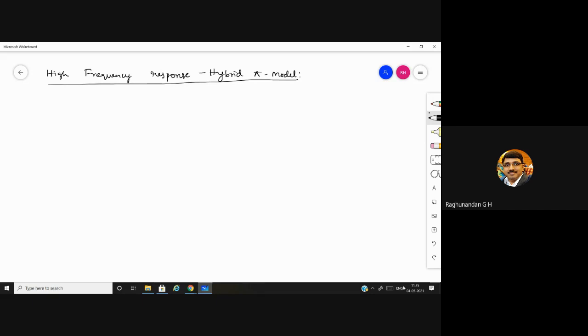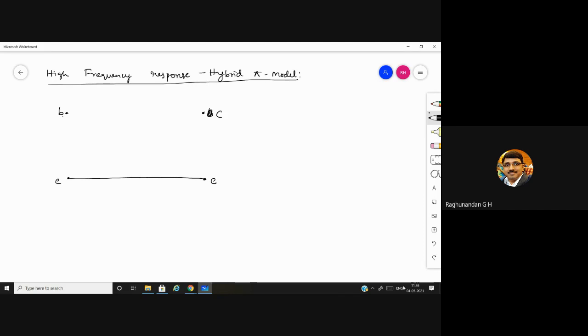So for that, we consider, sorry, this is CE. So input is base, the output is collector, and the ground is emitter. This is how we start drawing the equivalent circuit. The emitter is grounded, so the entire thing is grounded, and we have shorted both the terminals.